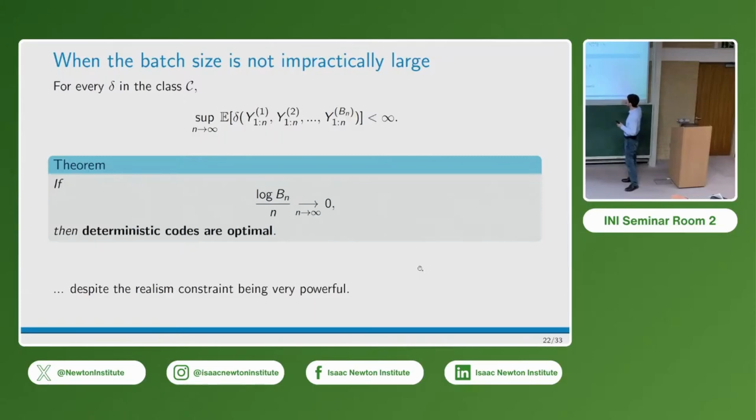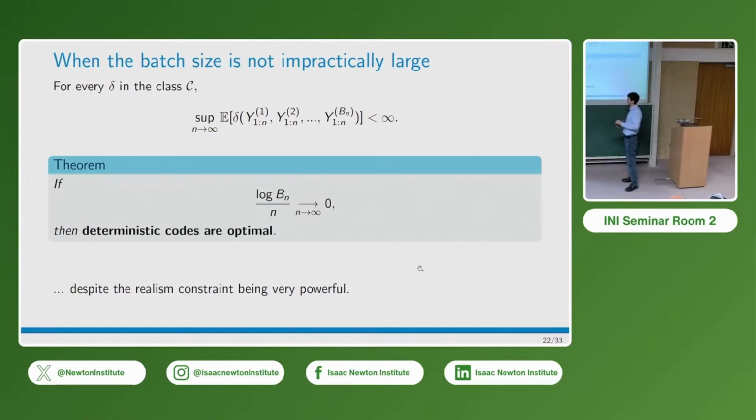I had shown in the previous slides that you actually need, between the encoder and the decoder, an insanely large amount of very diverse common randomness. Here we say that deterministic codes are actually optimal. And so in particular, it holds when you just give one sample.